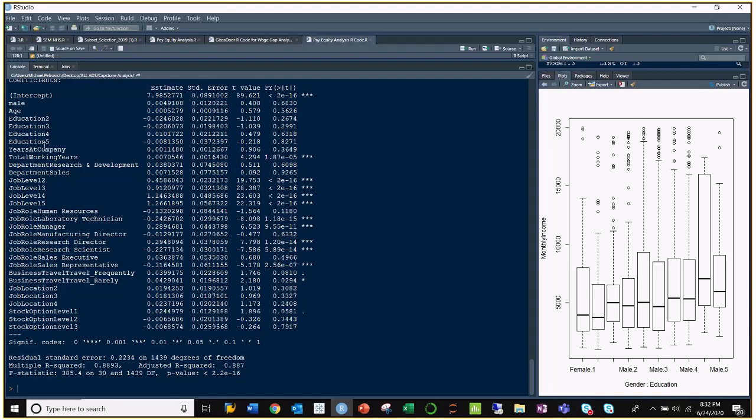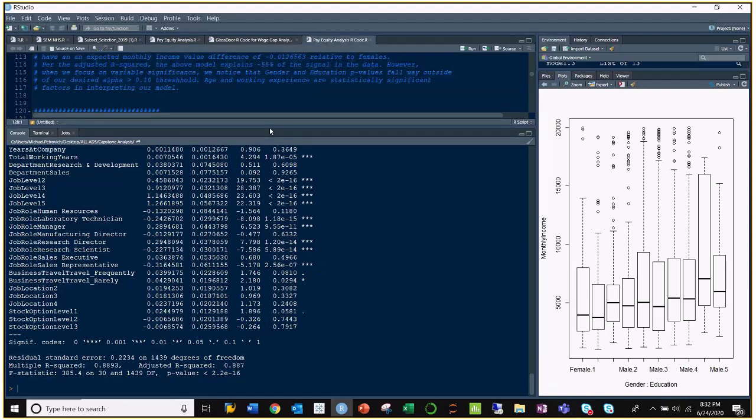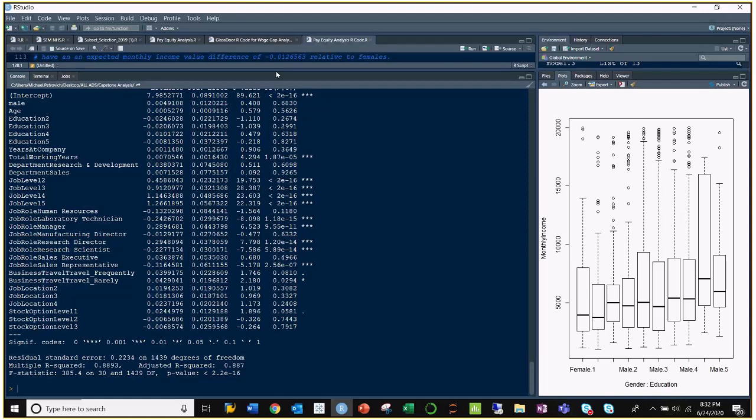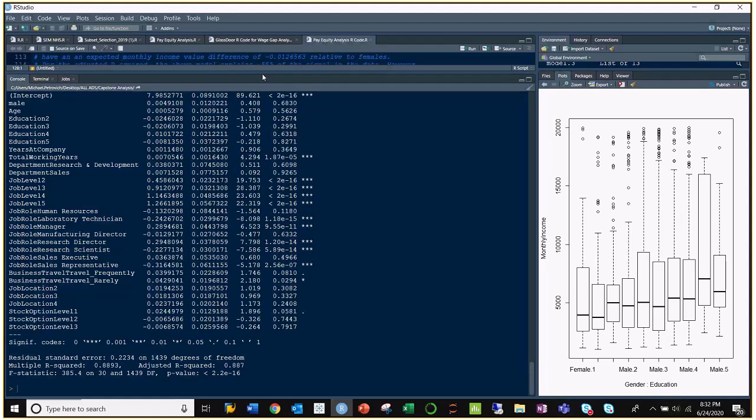The ones that are, just to skip to the important ones here, are total working years, makes sense, job level, job role, and business travel. Somewhat. I think business travel starts getting a little lost there. But ultimately, that starts telling us, okay, these are really the variables that are impacting or associated with our outcome the most.